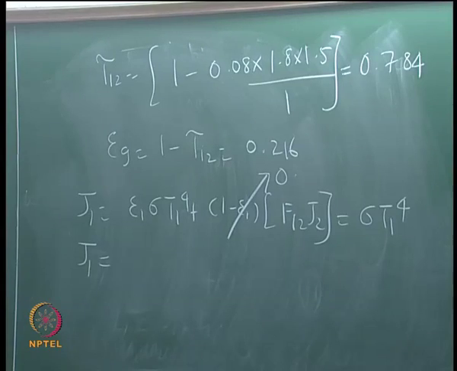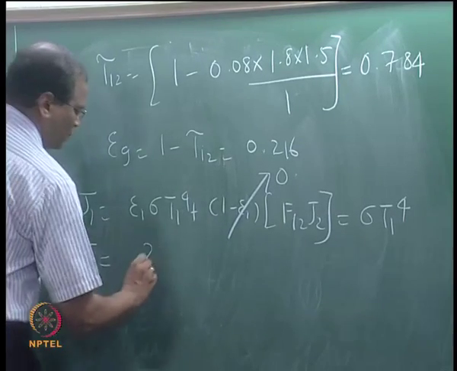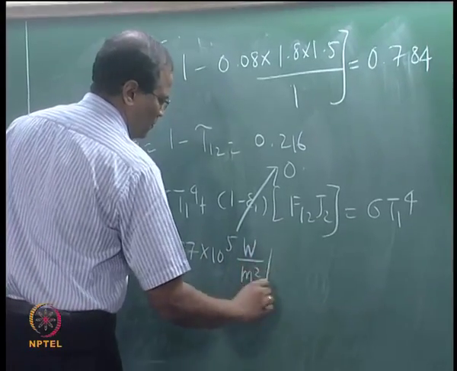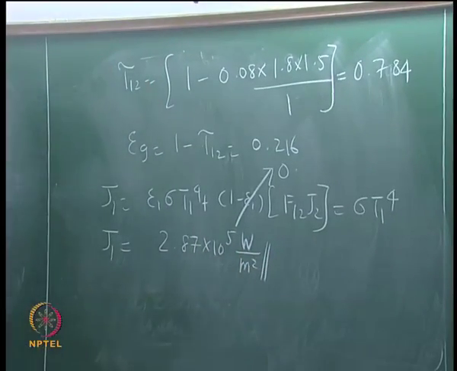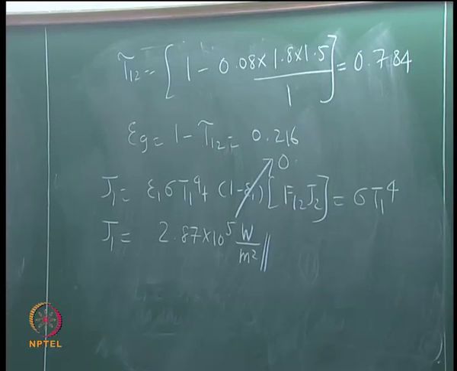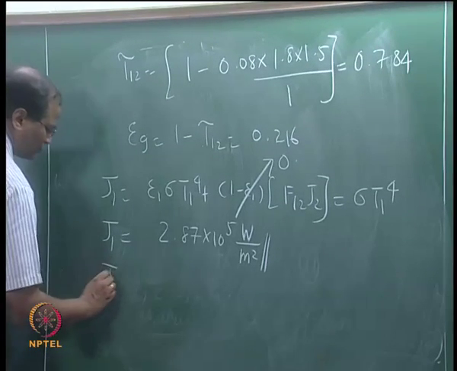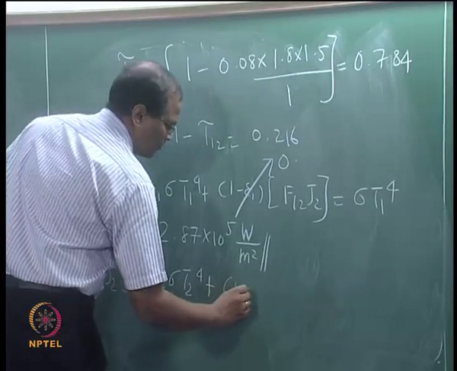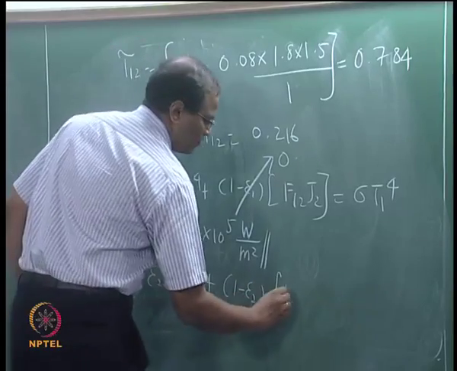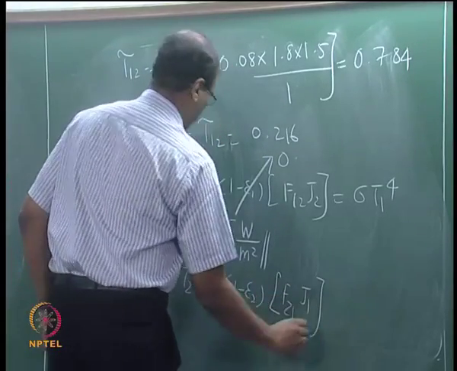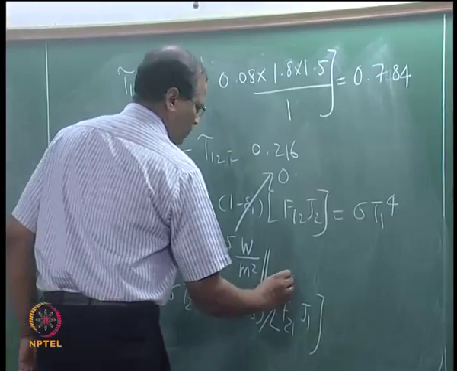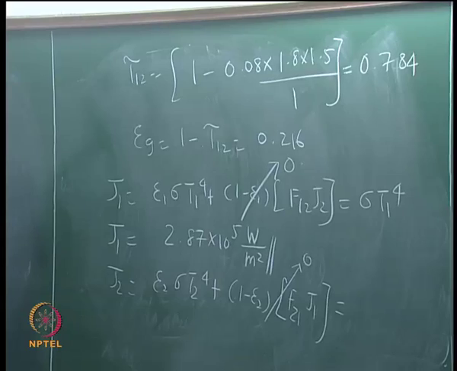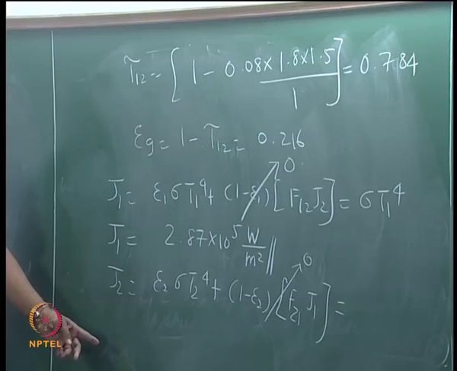We worked that out in yesterday's class. J2 is 37,200, no? 1.37, 37,200.